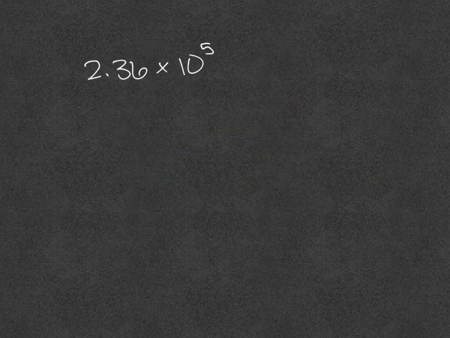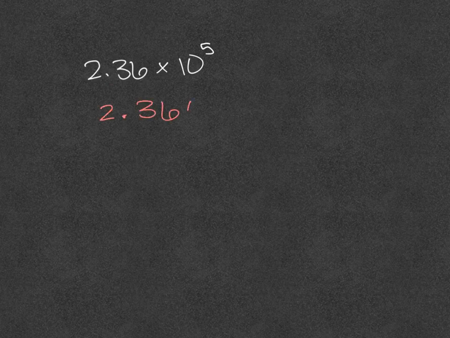So one more example, we have 2.36 times 10 to the 5th. Again, this 10 to the 5th just means, hey, everybody in the world, I got this 2.36 by moving the decimal 5 times in, and I'm representing it here instead. So if we want it in standard form, we're going to move that 5 spots out.